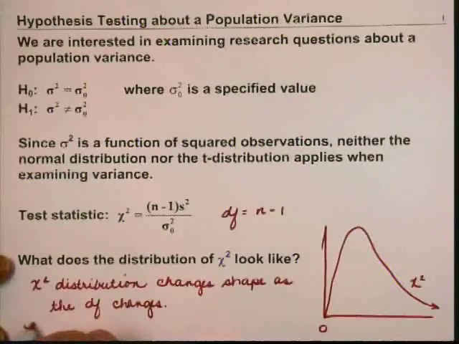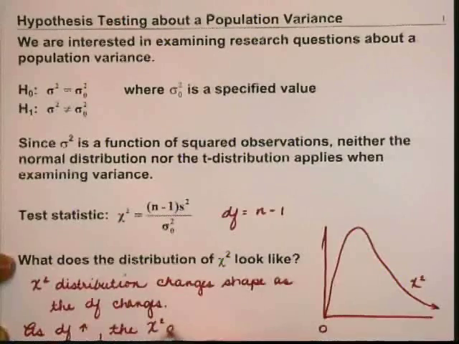As the degrees of freedom increases, the chi-square distribution widens.